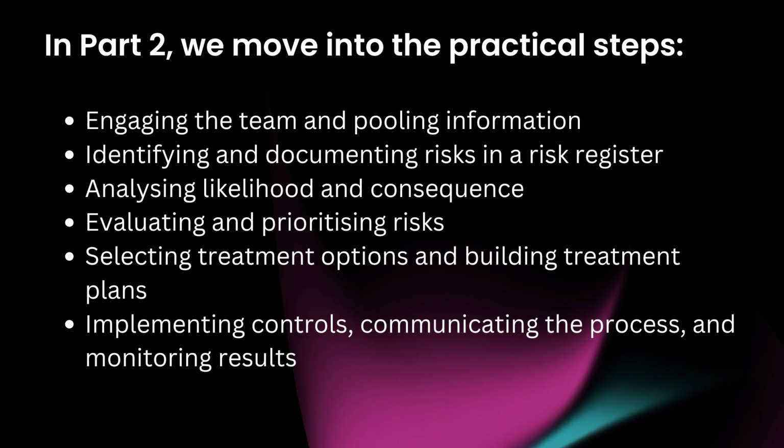In Part 2, we move into the practical steps: engaging the team and pooling information, identifying and documenting risks in a risk register, analysing likelihood and consequence, evaluating and prioritising risks, selecting treatment options and building treatment plans, implementing controls, communicating the process, and monitoring results. By the end, you should be able to run a simple, consistent risk process that fits real construction projects.